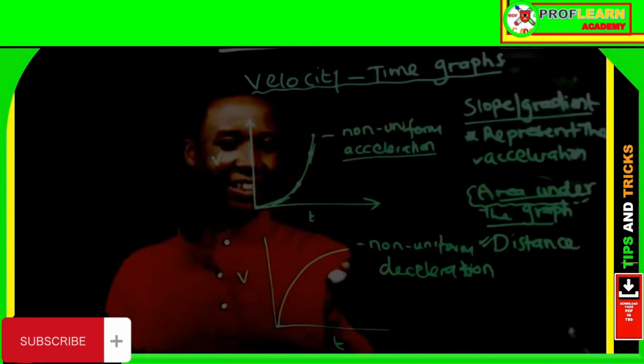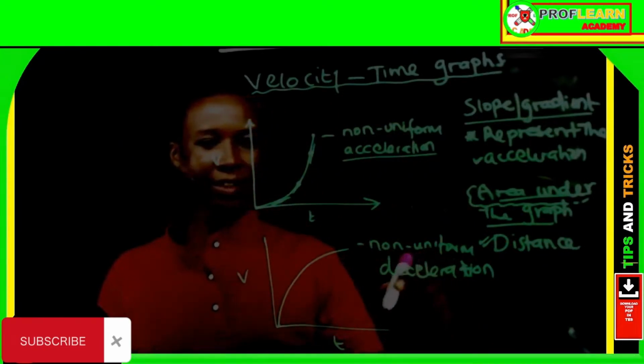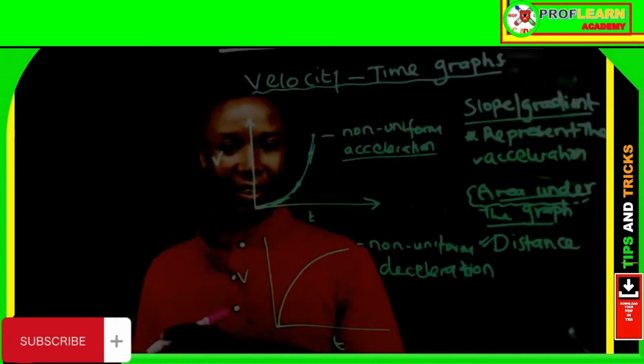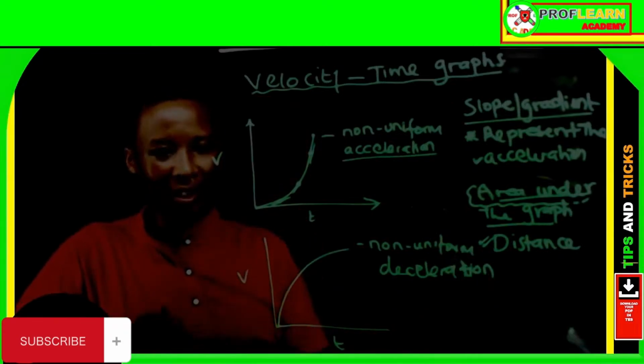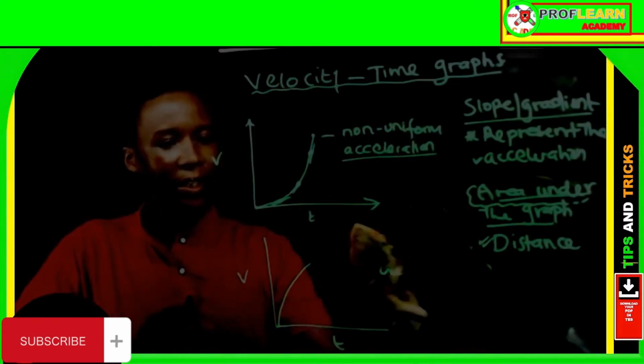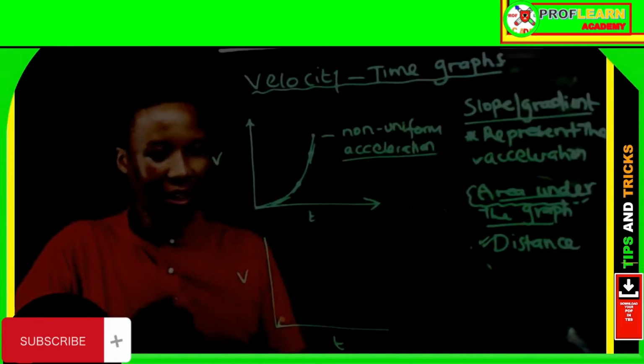Yes, now at this given region, the object is non-uniformly decelerating. So non-uniform deceleration. Now let me wipe out, and then we have another type of graph that you will see.